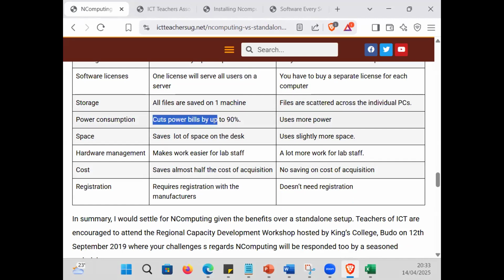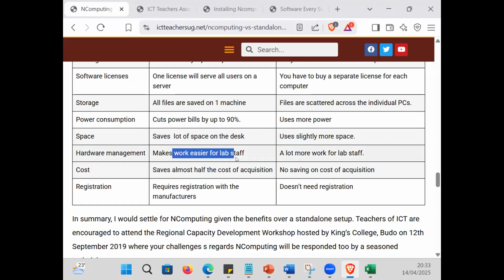Then power. Any computing saves power because you're only powering monitors and one system unit. On standalones, there's more power because every system unit needs power. On space, any computing saves space because you only have monitors, no desktops everywhere. But on standalones, you need more space.